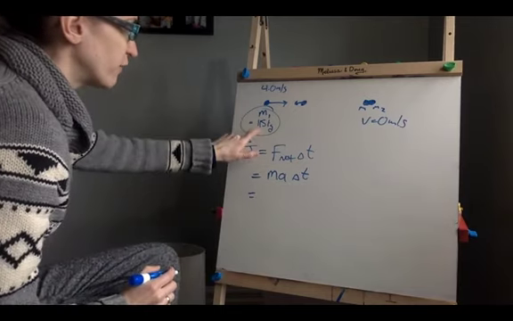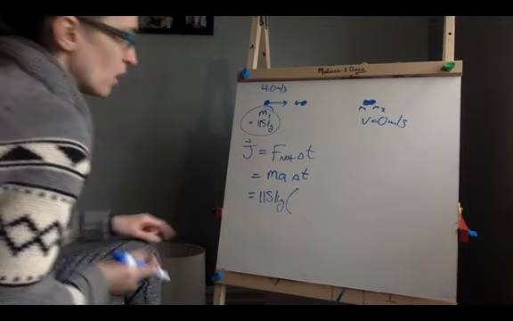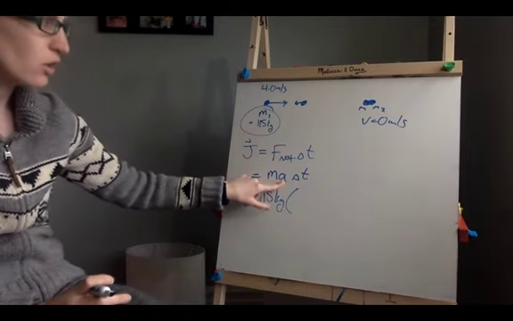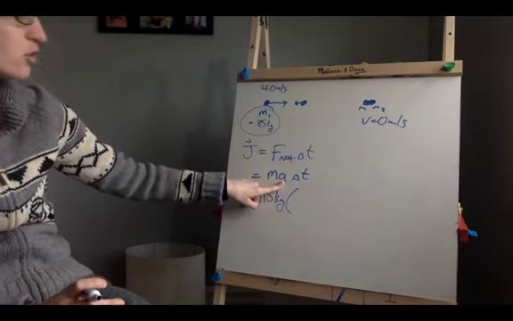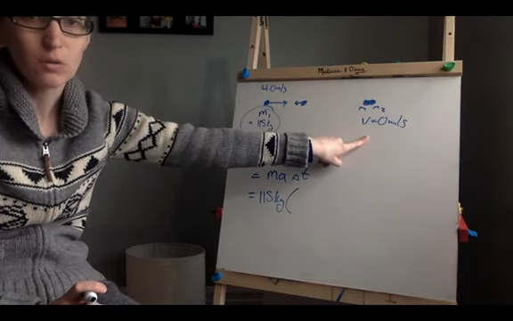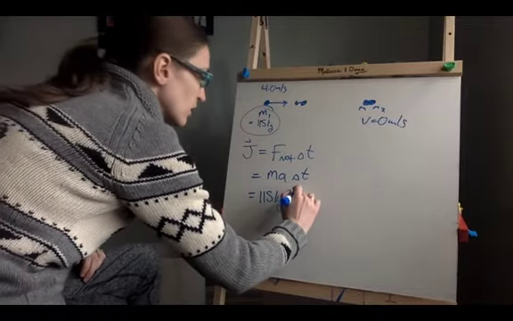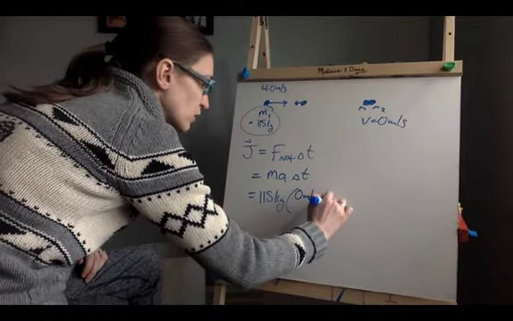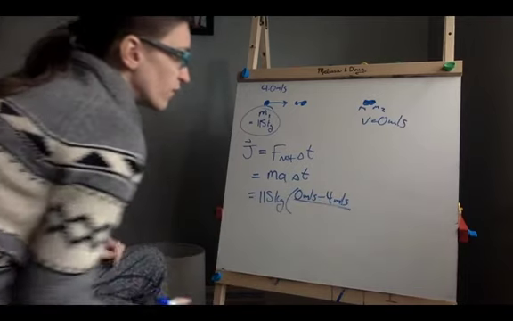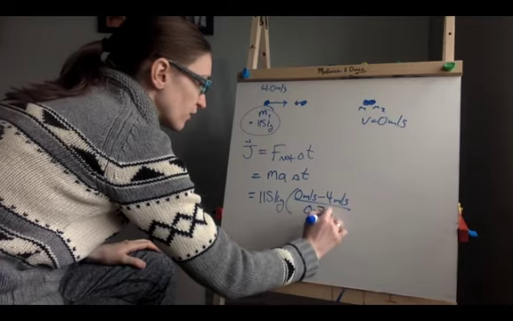The mass of my fullback is 115 kilograms. The acceleration is your change in velocity, so I went from 4 meters per second down to 0. That would be vf minus vi, so 0 meters per second minus 4 meters per second, divided by a change in time of 0.75 seconds.